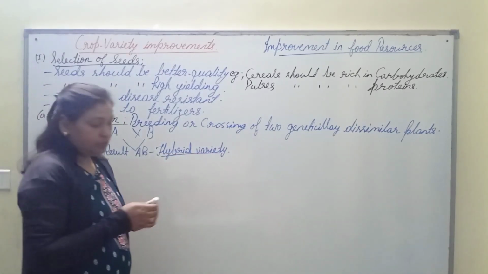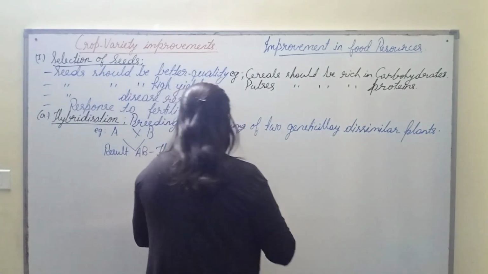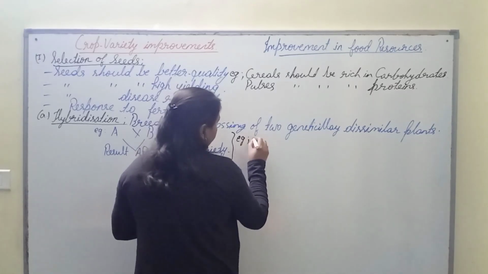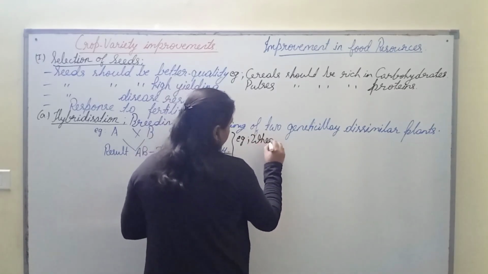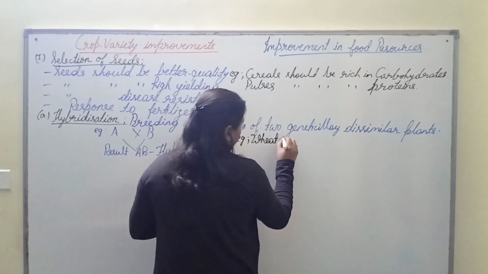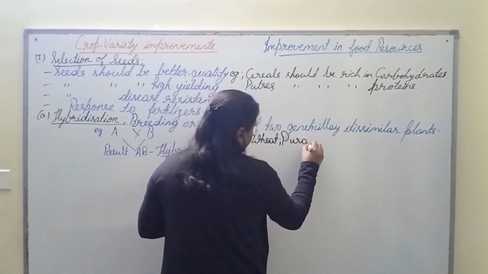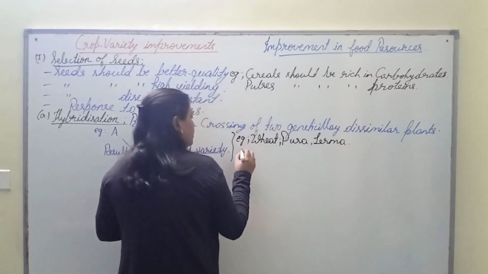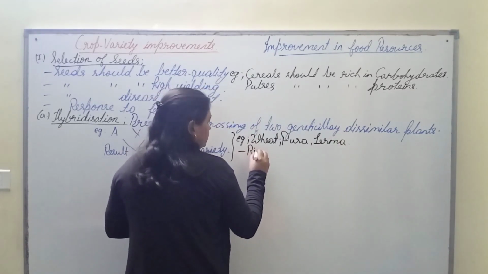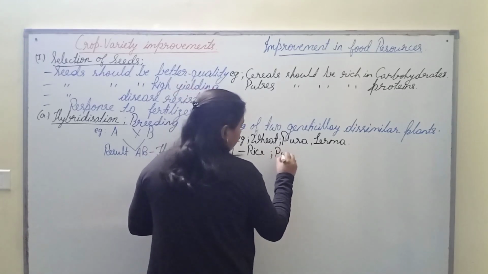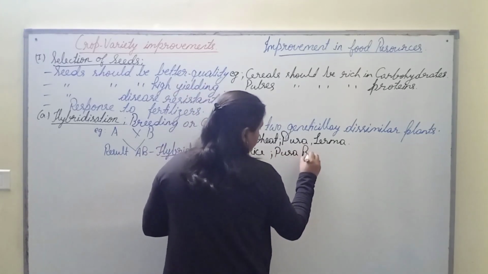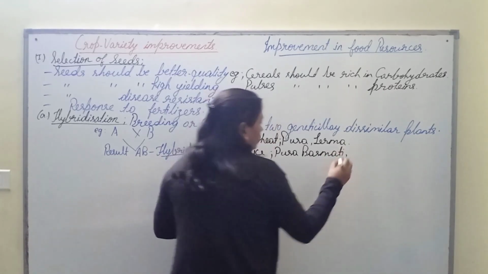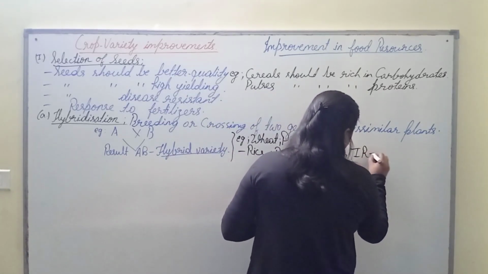Some examples of hybridization are: in case of wheat we have Pusa and Lerma, which are new hybrid varieties. Similarly, in rice we have Pusa Basmati and IR8.